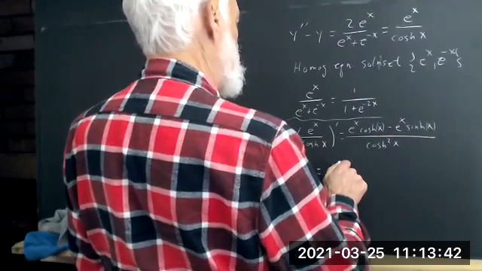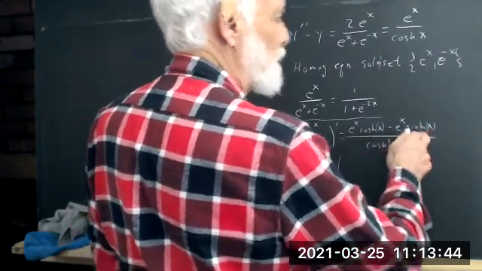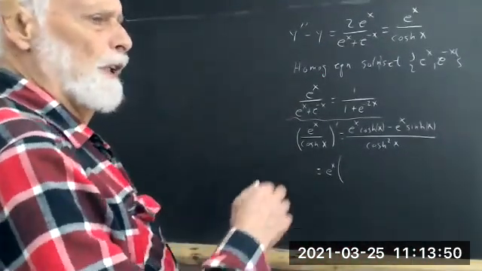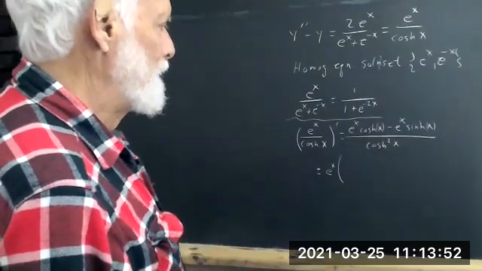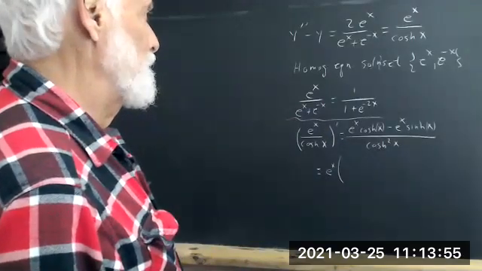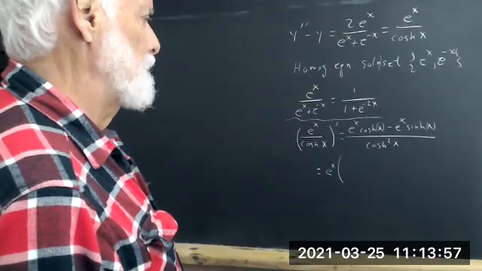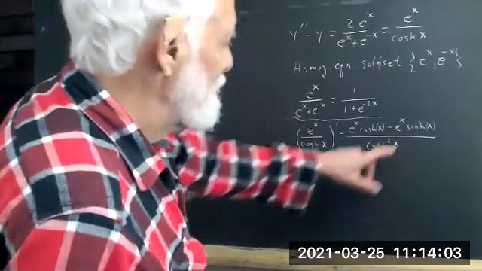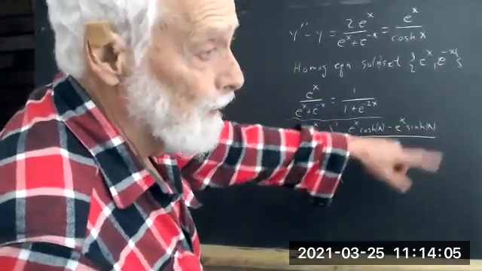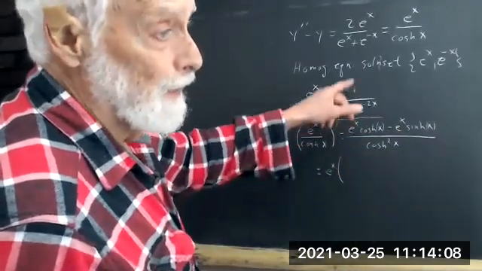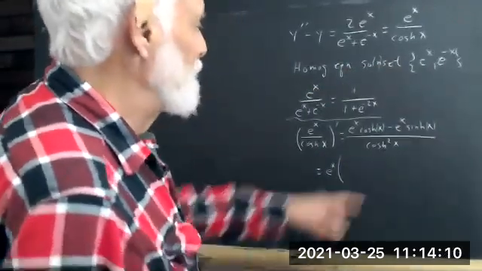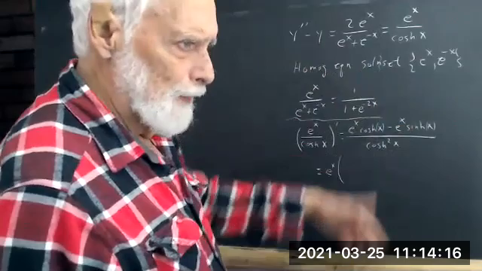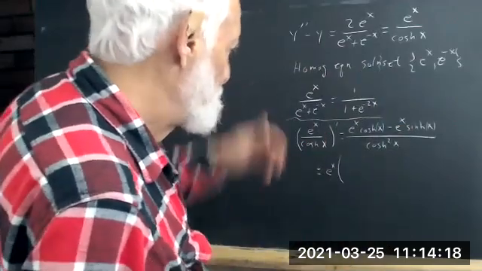Then that's going to be e to the x times the hyperbolic cosine minus the hyperbolic sine. The hyperbolic cosine minus the hyperbolic sine is e to the x plus e to the negative x over 2 minus e to the x minus e to the negative x over 2. And when you subtract, the e to the x's go away, the e to the negative x's coincide.